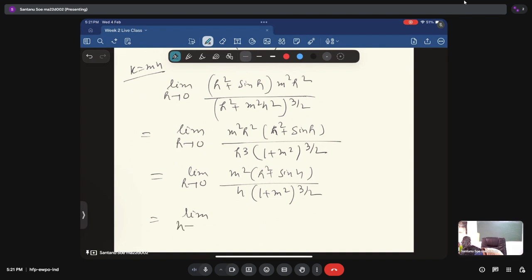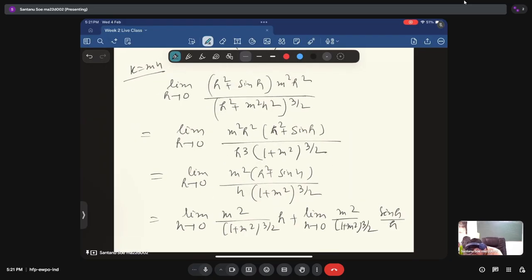So this will be the limit as h tends to 0 of m square divided by (1 plus m square) to the power 3 by 2 into h, plus the limit as h tends to 0 of m square by (1 plus m square) to the power 3 by 2 times sine h by h.